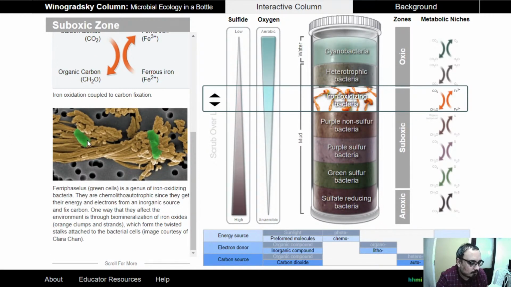So here is an example of these chemolitho groups. Ferribacillus is a genus of iron oxidizing bacteria, and these green ones are the cells of Ferribacillus. They are chemolithotrophic since they get their energy and electrons from an inorganic source and fix carbon.